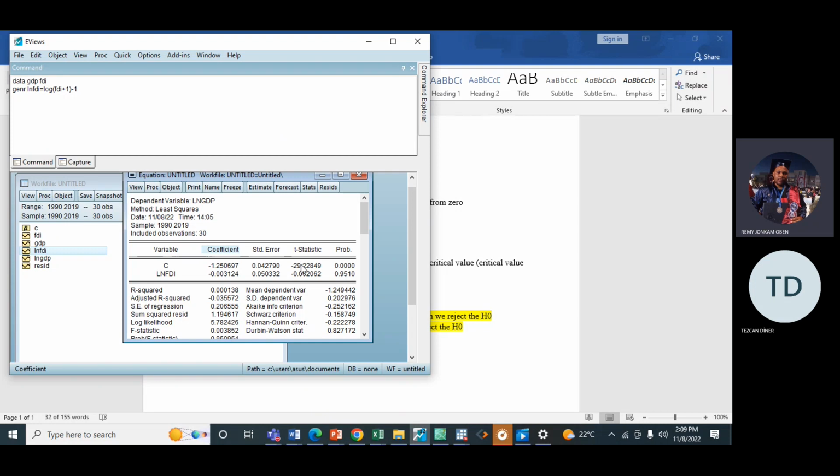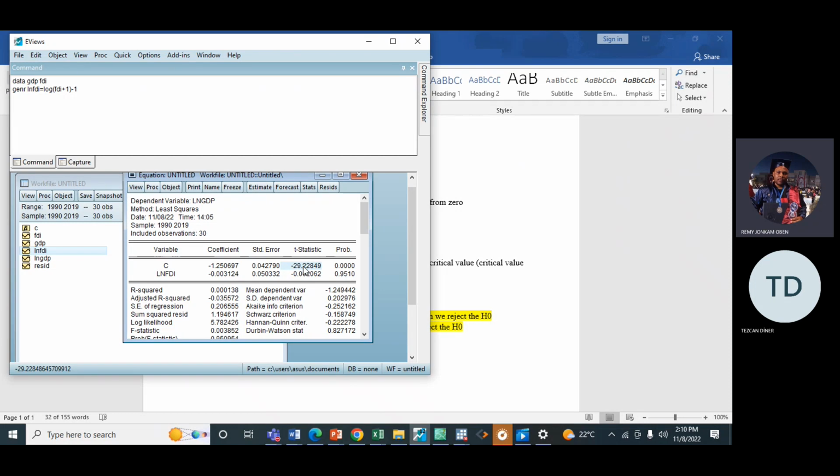You can try it. So guys, look at this T statistic for this constant. Negative 29. It is greater than 2 in absolute value, right? Absolute value simply means if there is a negative, you should remove it. So this is negative 29. What's the absolute value? 29, right? 29 is greater than 2, right?